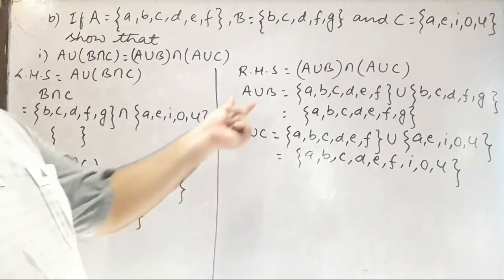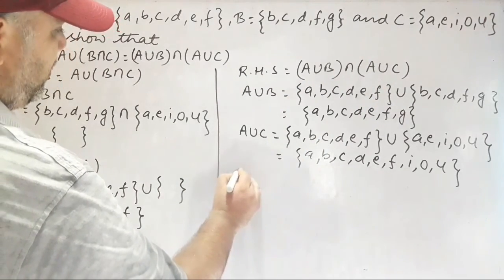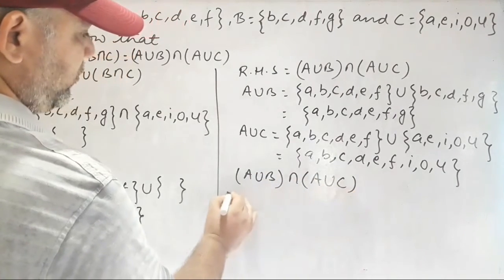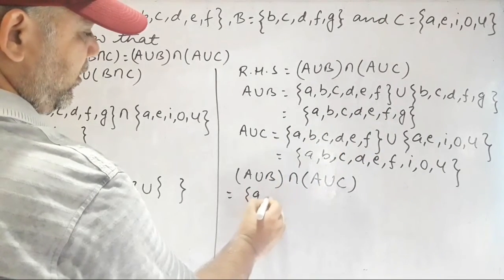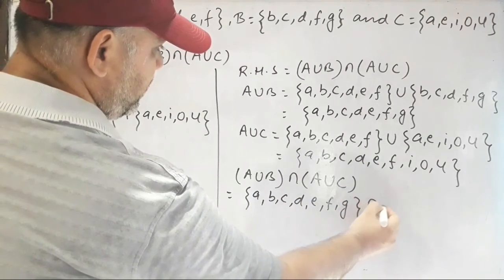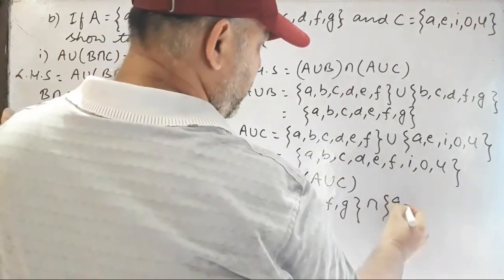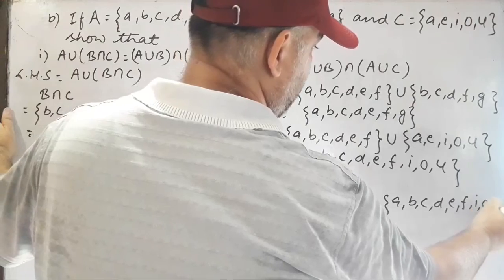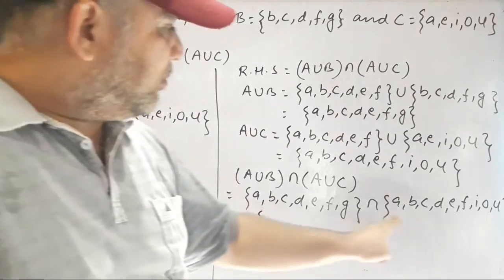Okay. Now (A union B) intersection (A union C). Let us do it. (A union B) intersection (A union C) equals, so what are the elements in A union B? A, B, C, D, E, F, G, intersection the elements of A union C: A, B, C, D, E, F, I, O, U. Now what are the elements common to these elements and these elements?